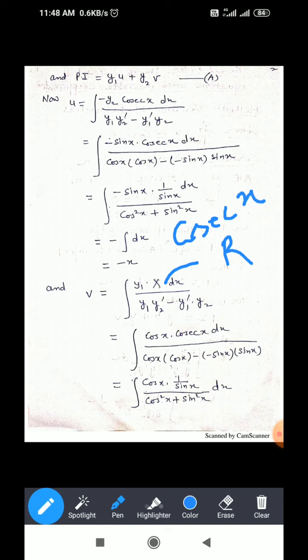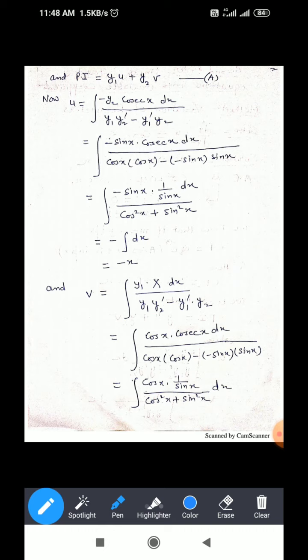Similarly, we put the values of y1, y2, y1 dash, y2 dash and r.